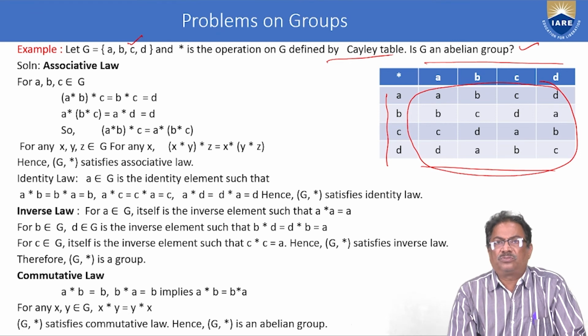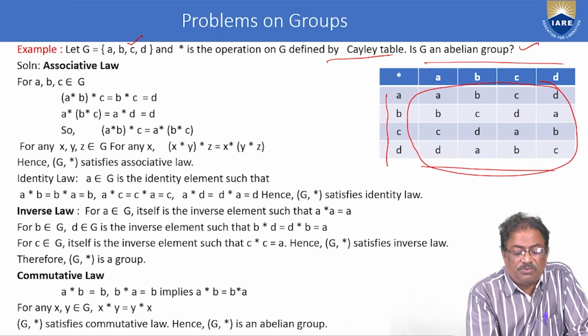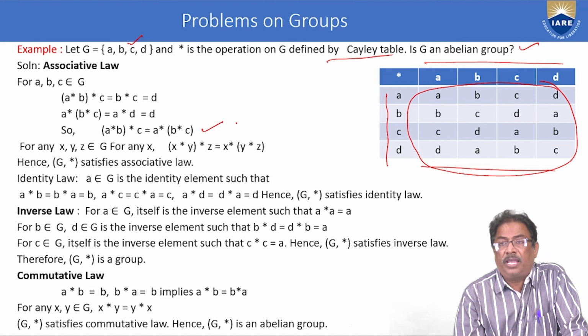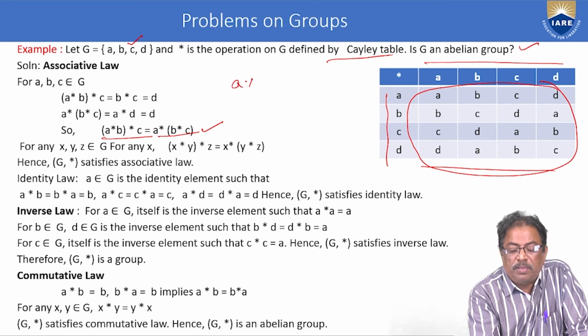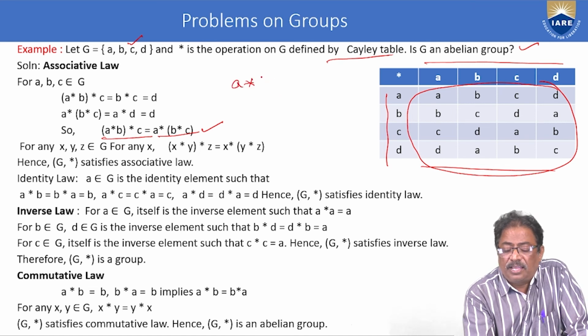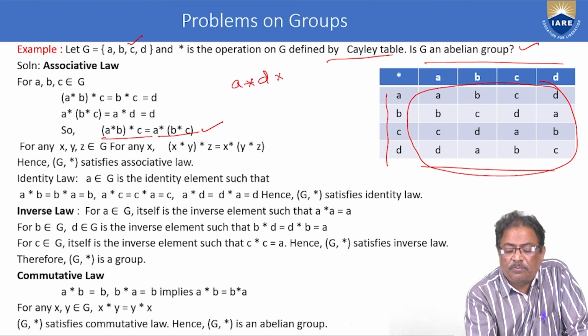And now the associativeness. I am going to verify the value of this: A star B, and let us say A star D, star C. Let us take the other one.